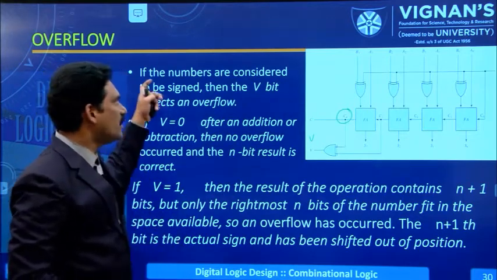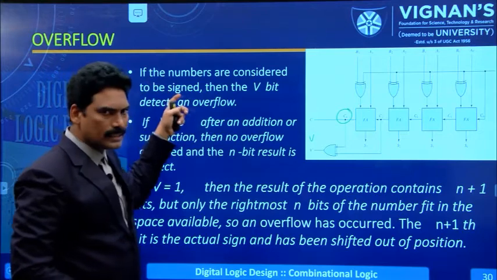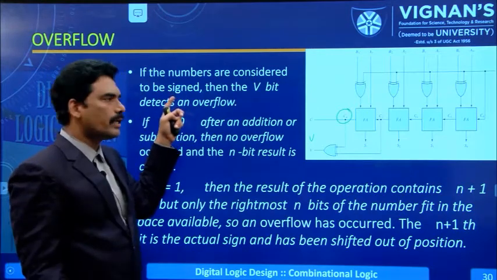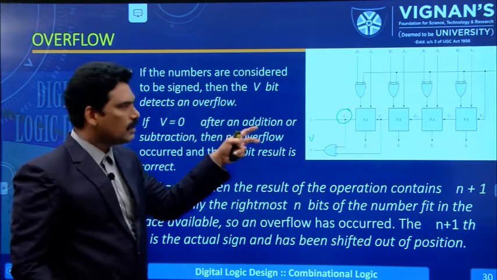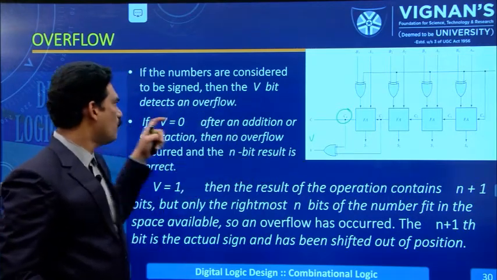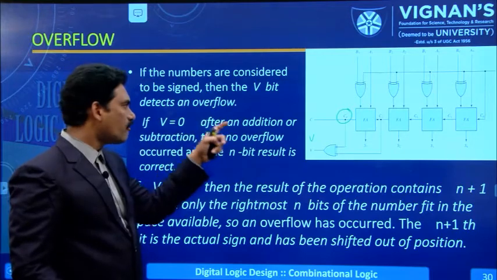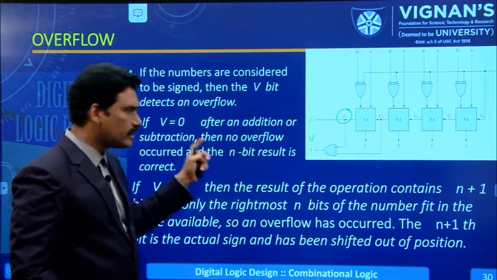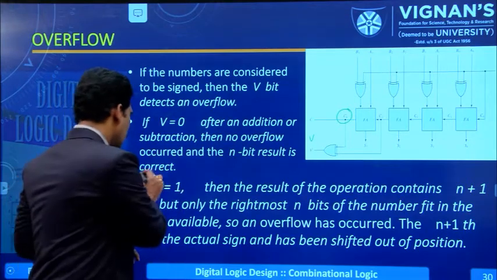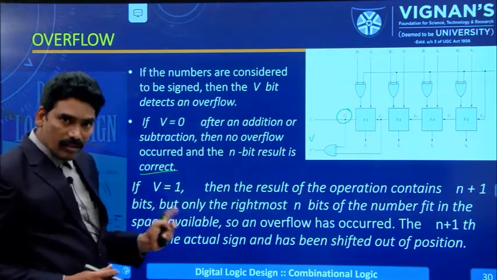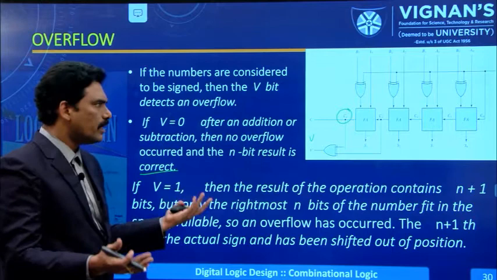See here, if the numbers are considered to be signed, positive or negative, then the V bit detects an overflow. If V is equal to 0 after an addition or subtraction, then no overflow occurred and the n bit result is correct. If V is equal to 1, that means an overflow has occurred.